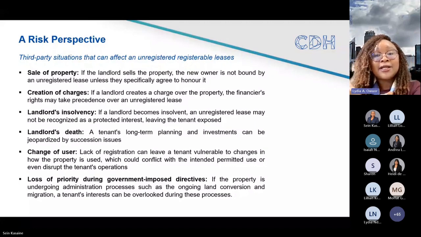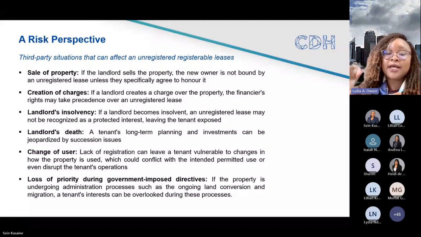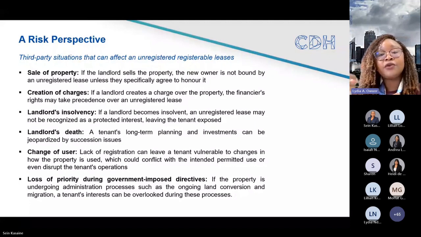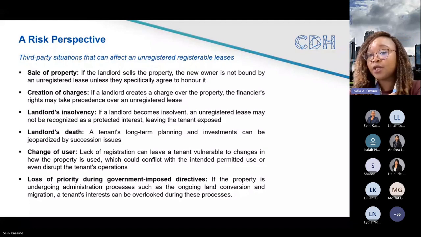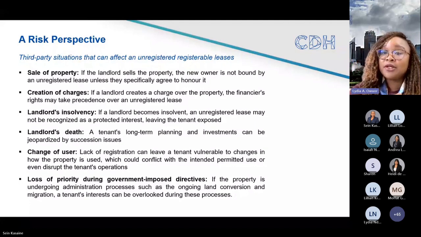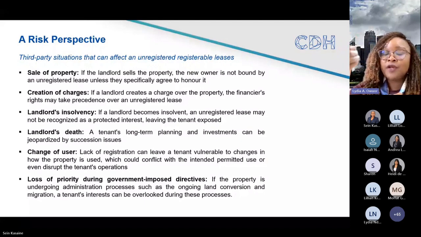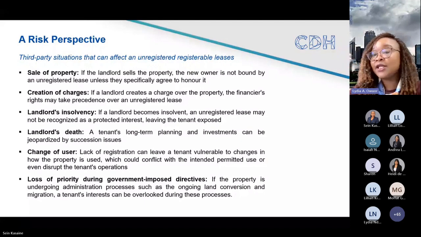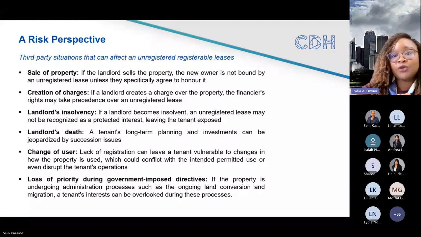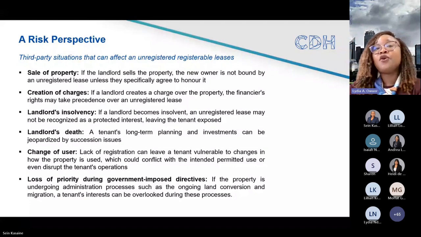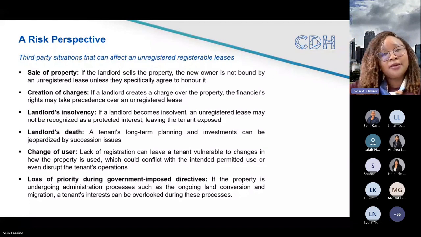Non-registration can disrupt a tenant's exclusive possession, since an unregistered lease cannot be enforced against third parties. Think about it. You remember when we started, we said the hallmark of a lease is exclusive possession. So fine, the document that you have negotiated and secured has granted you that exclusive possession, but you haven't taken a step to cushion yourself against third-party claims.